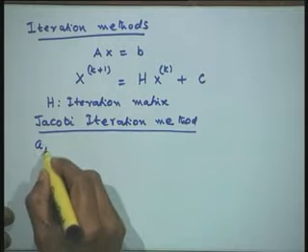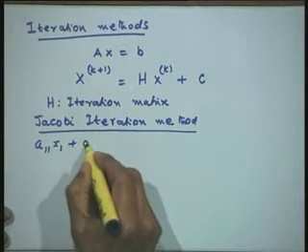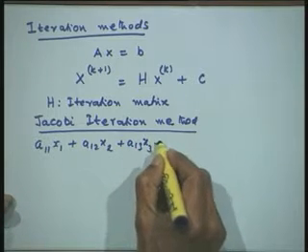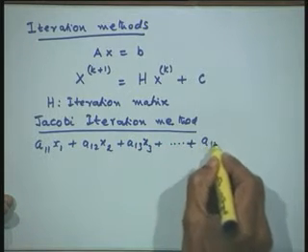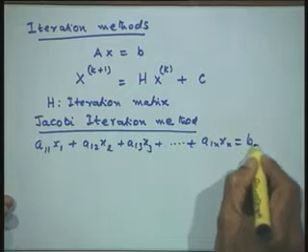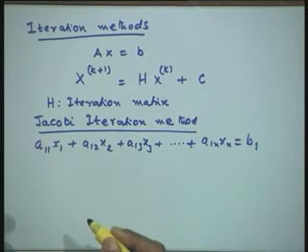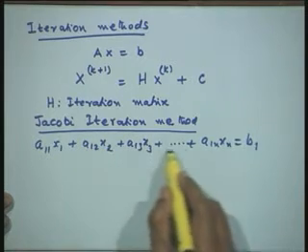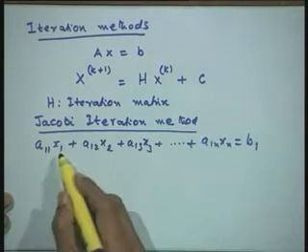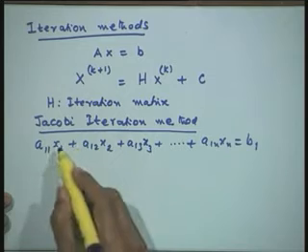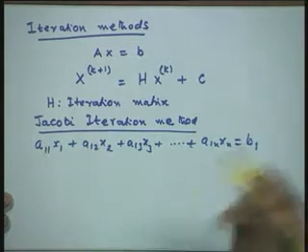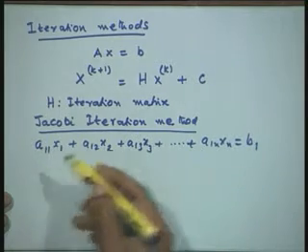So, let us take the first equation in this set. The first equation reads a11 x1 + a12 x2 + a13 x3 + and so on up to a1n xn = b1. The method proposes that we take all the variables x2, x3, ..., xn to the right hand side, keep the first variable on the left hand side, take the iterate on the right hand side as the previous iterate, and the one on the left as the current iterate.